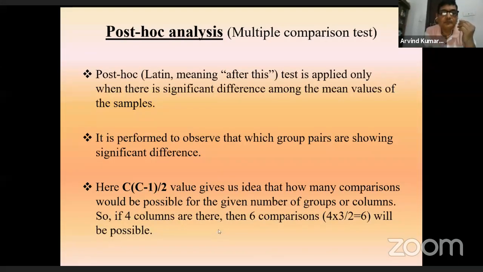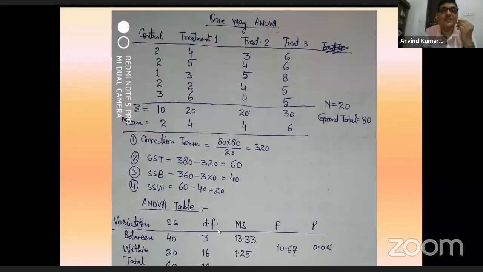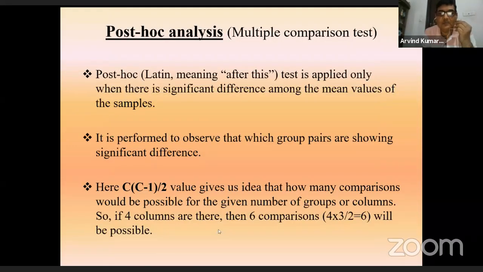So if you suppose have 3 columns, it means 3 into 2 by 2, that will be 3. It means 3 comparisons will be possible. In this particular case, which I showed you just now, 4 columns are there. So 6 total comparisons will be possible.